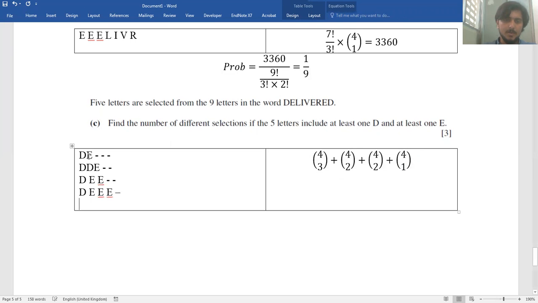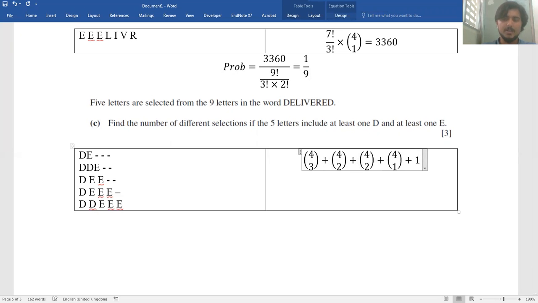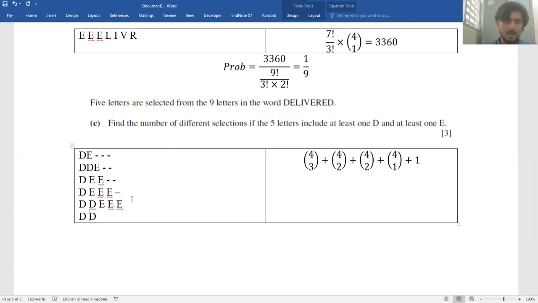With 1D, 1E, I'm done with that. With 2D's and 3E's, this itself is 1 now. I do not need to select anything, 4C0, which just yields the number 1. 2D's and 2E's are also left. Sorry, I missed out on that. With 2D's and 2E's, I'll again get 4C1.